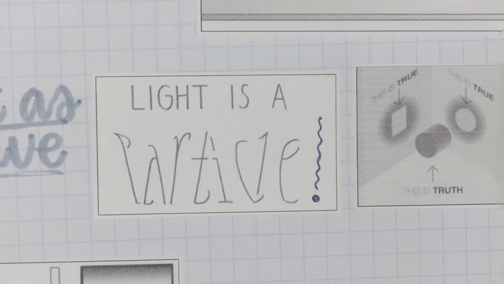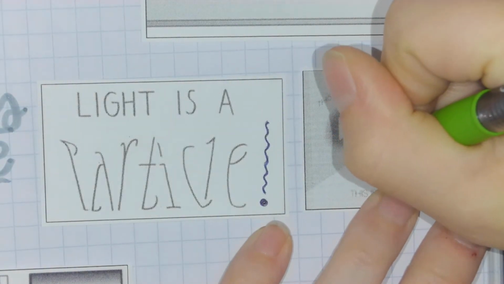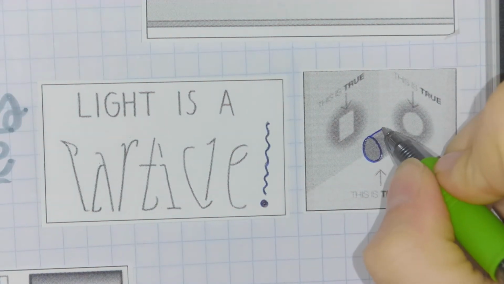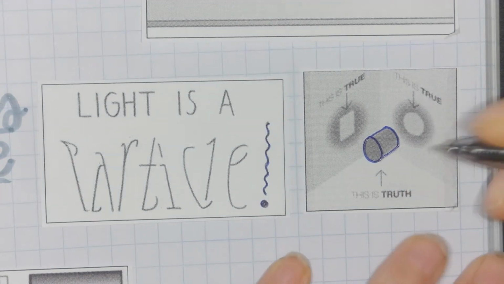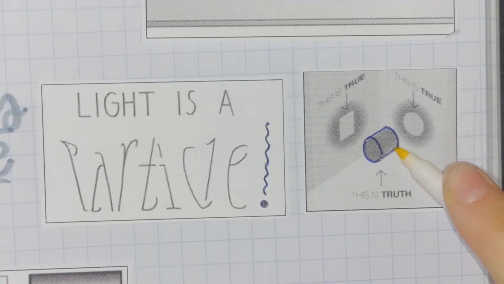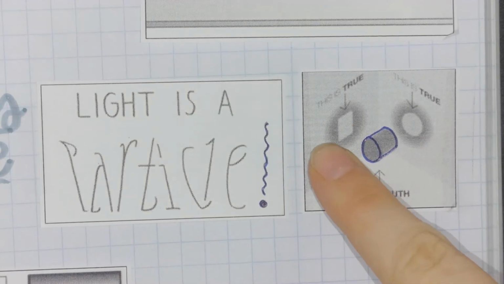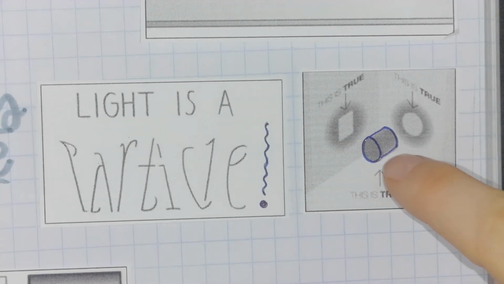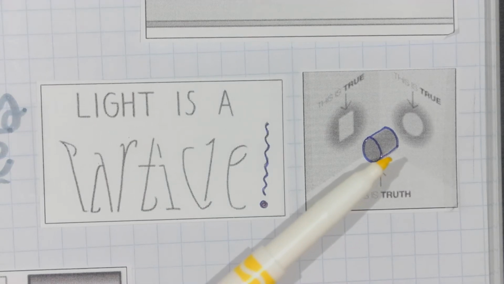So the best way I can describe this to you is if you're looking at like a cylinder, a can of soup or something, or a can of soda. If you shine a flashlight, and the flashlight is over here, here's my little marker flashlight, the shadow that you're going to get on the one side of the wall is a square. There's evidence that this is square-like. If we shine the flashlight this way, it's going to make a circle shadow.